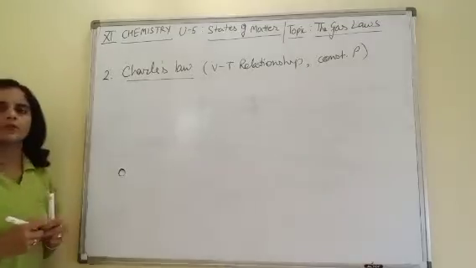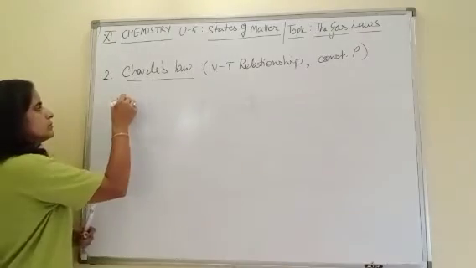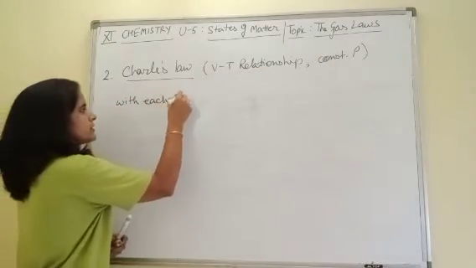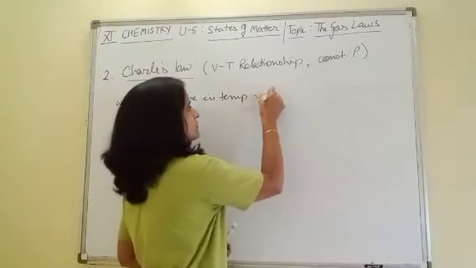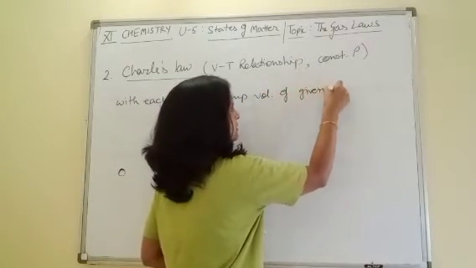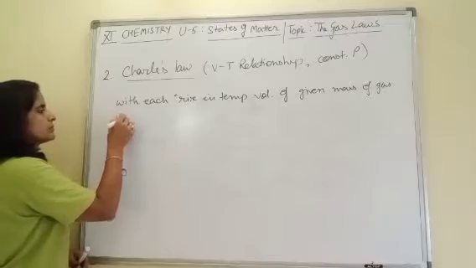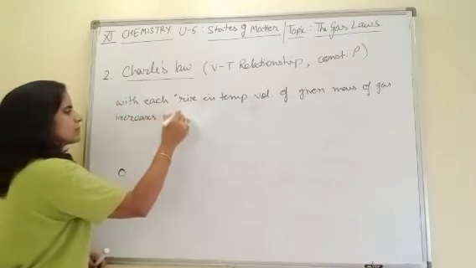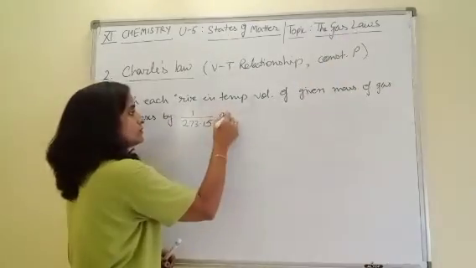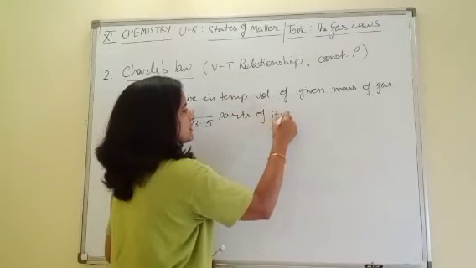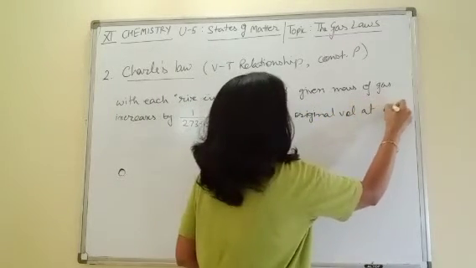Another way to represent Charles' law is that with each degree rise in temperature, the volume of a given mass of gas increases by 1 by 273.15 parts of its original volume at 0 degrees Celsius.